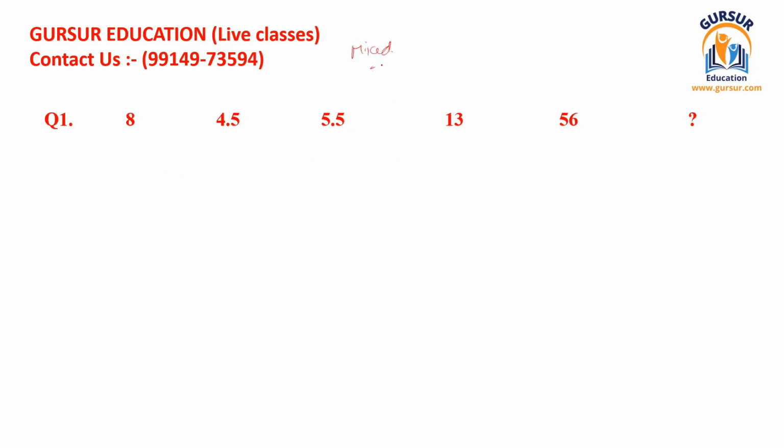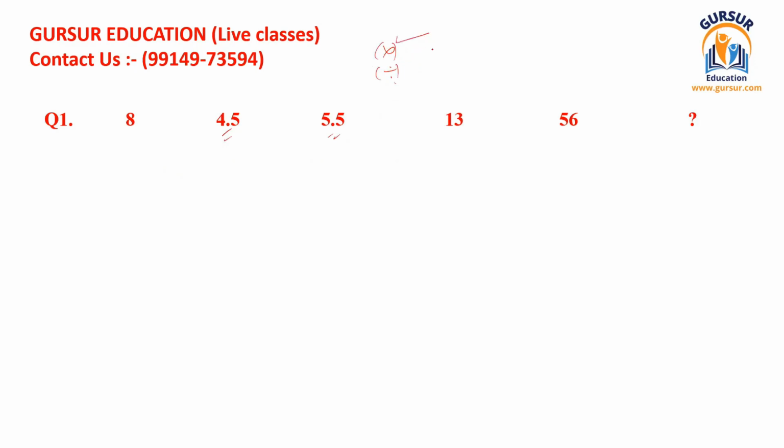In the mixed method, I have told you that first of all you must try multiplication or division, and see whether the answer can be obtained after multiplication or division. If it is not obtained, then you have to apply some other methods along with these as well.